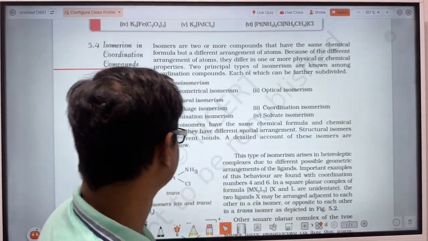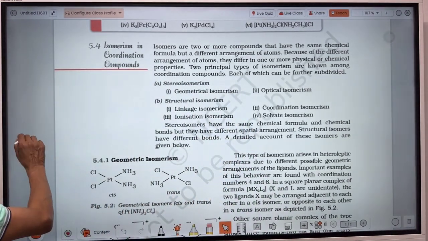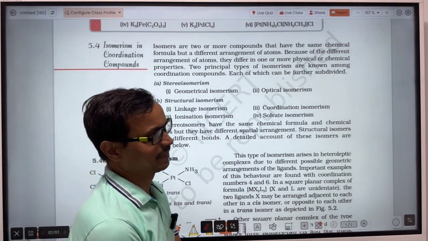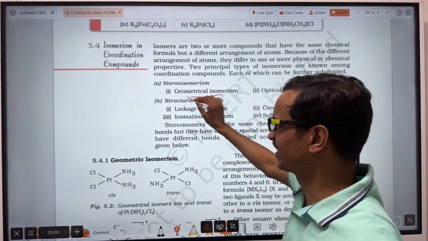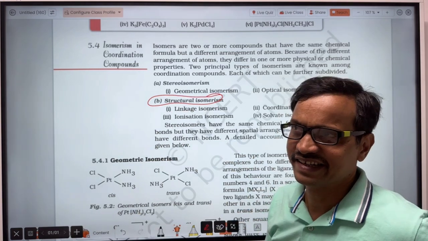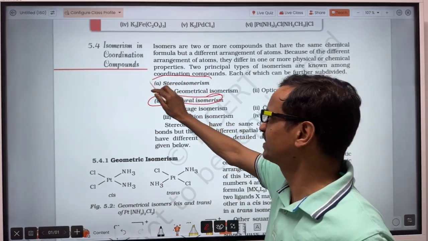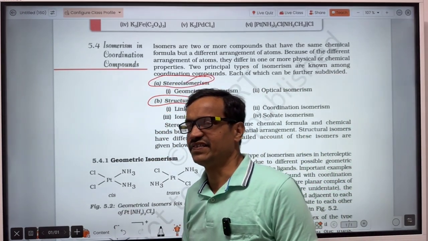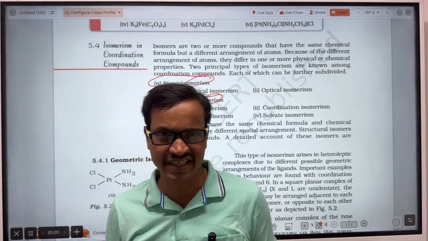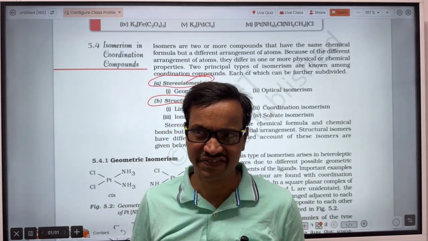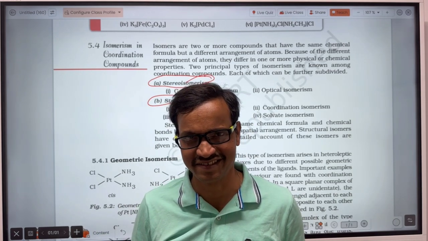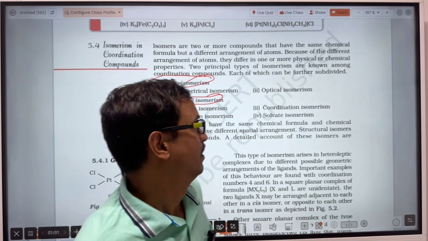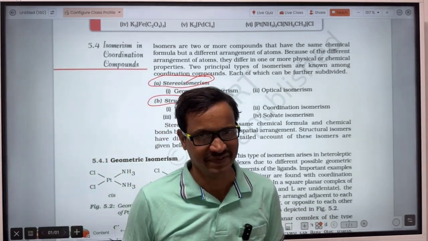Okay, now let's see here. Isomerism is of two types. That means the difference in the properties of the compounds can be due to two reasons. One is when there is a difference in the structure, which is called structural isomerism, and when there is a difference in the arrangement of ligands in three-dimensional space, that is called stereoisomerism.